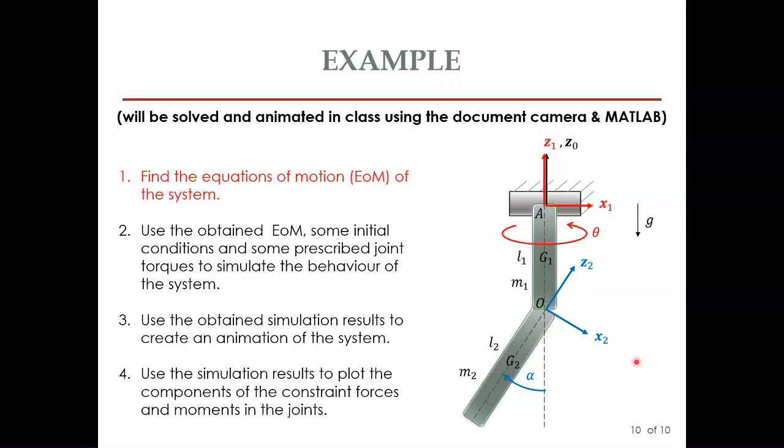Okay, frame K. So I need to attach frame 1 and frame 2. Frame 1 attached to link 1, this is link 1 and link 2. So frame 2 is attached to link 2. I chose how to do that.